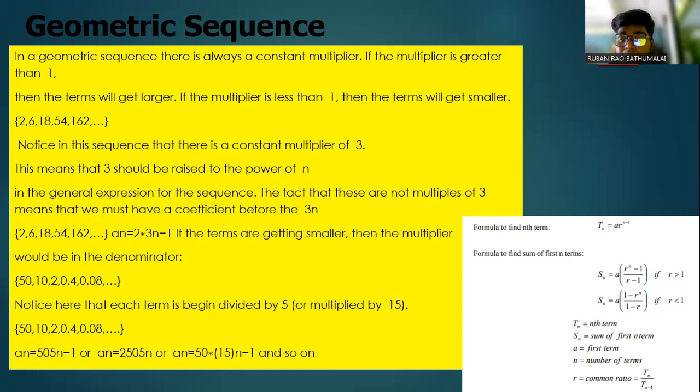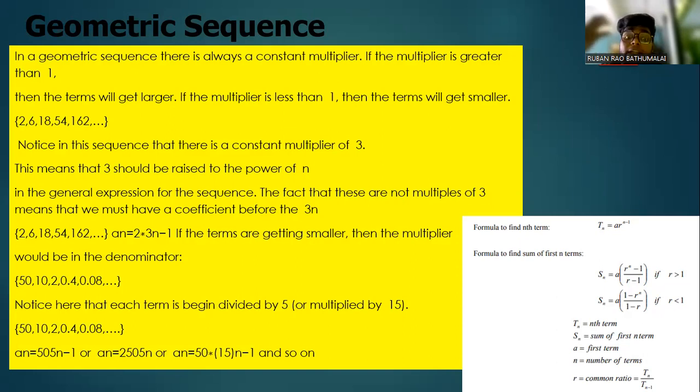In the case of the terms getting smaller, the multiplier will be a denominator, with numerator and denominator. Here the sequence is 50, 10, 2, 0.4. It's getting smaller. You can see the difference between all the terms given.